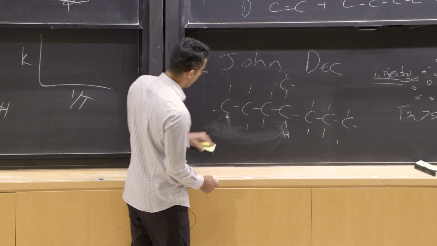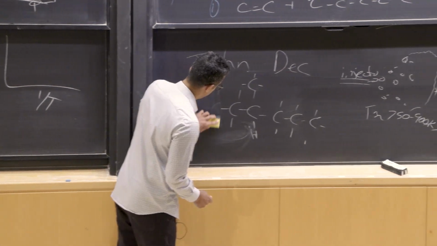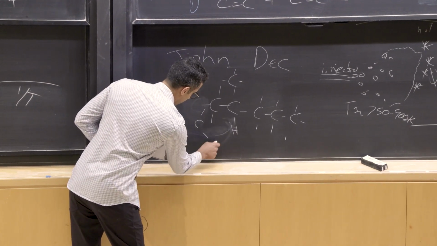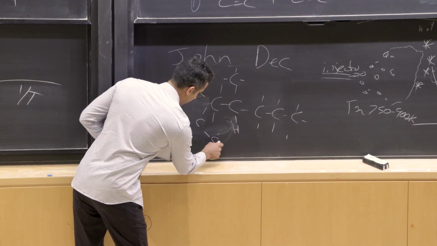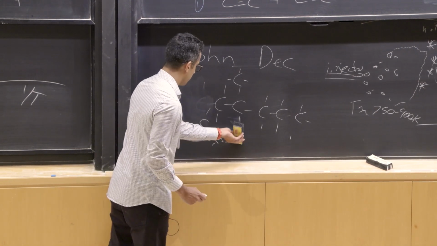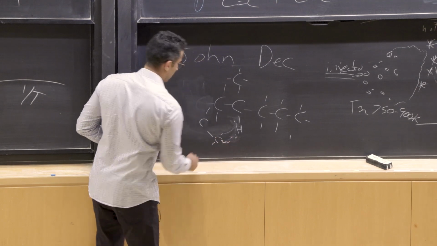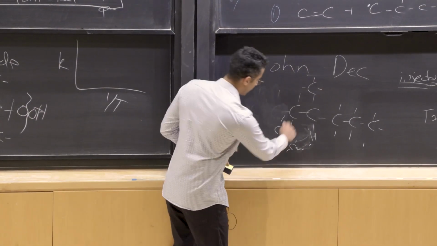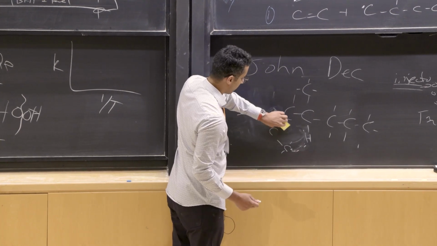And in order to do that, the molecule has to change its orientation. So it might come like this, a carbon here, and then this radical starts coming close to this hydrogen, and then it's able to pull it. So you can say the transition state is a ring structure, okay?